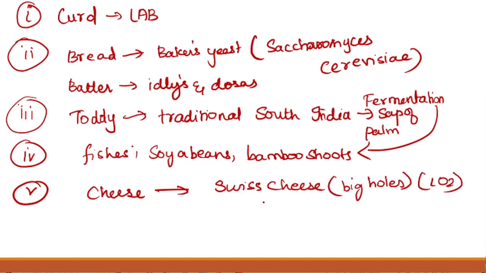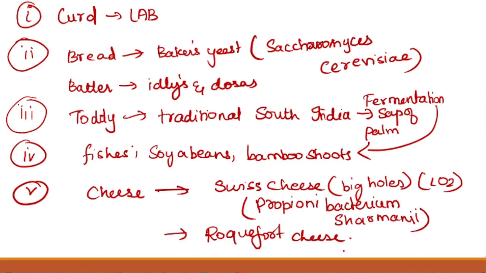Swiss cheese is prepared from a bacterium named Propionibacterium shermanii. Later we discussed Roquefort cheese. So these are the things that we have discussed in this session, and I hope you have liked this video.